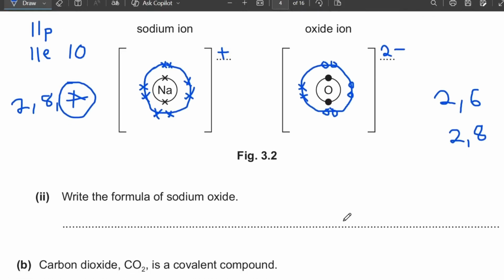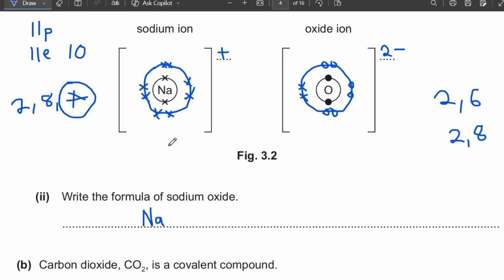Write the formula of sodium oxide. To write the formula, we need the symbols. We have our sodium. Now, remember, our oxygen receives 2 electrons. The first electron is from sodium number 1, because sodium can only give 1 electron. The second electron is from sodium number 2, which is not shown here.